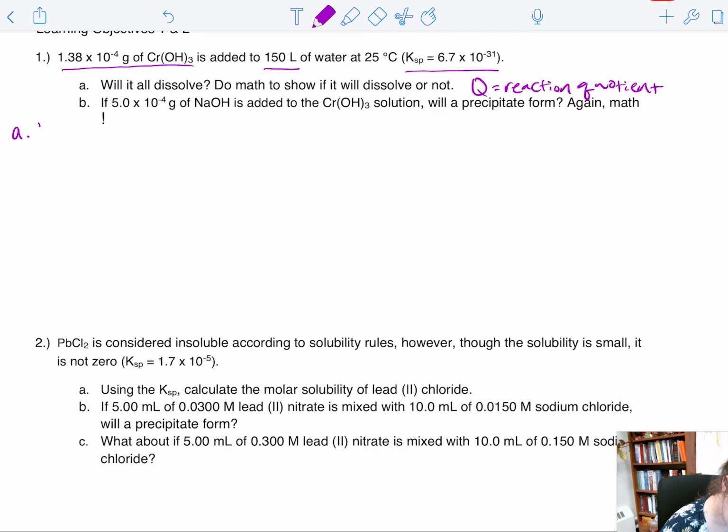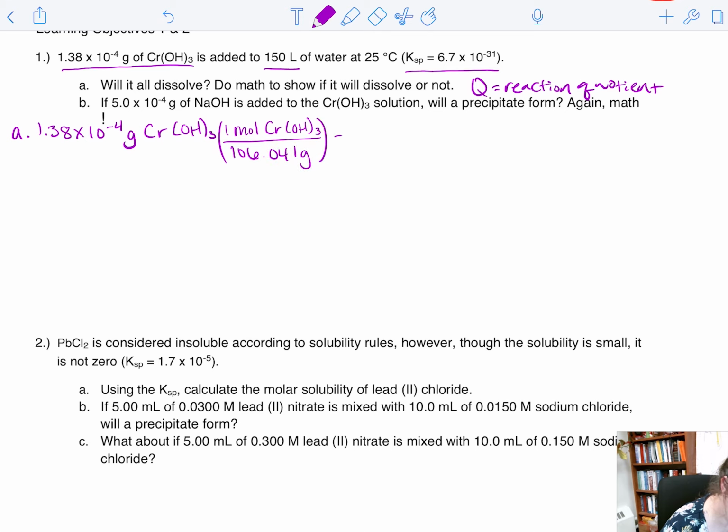So 1.38 times 10 to the negative 4 grams of chromium 3 hydroxide has a molar mass of 106.041 grams.